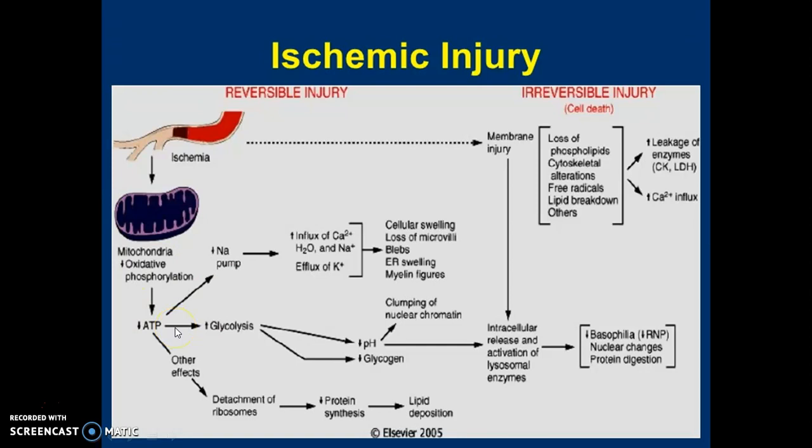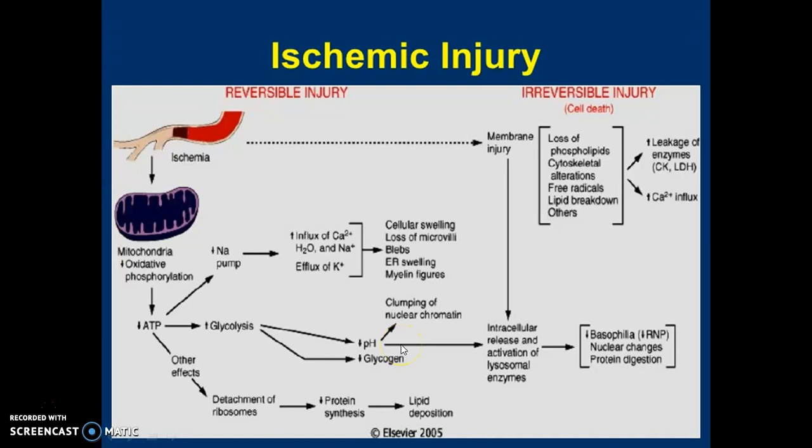Now, next, because of decreased ATP formation, there is increased anaerobic glycolysis. Because of increased anaerobic glycolysis, there is accumulation of lactic acid in the cell, and because of this, there is decrease in the pH of the cell.